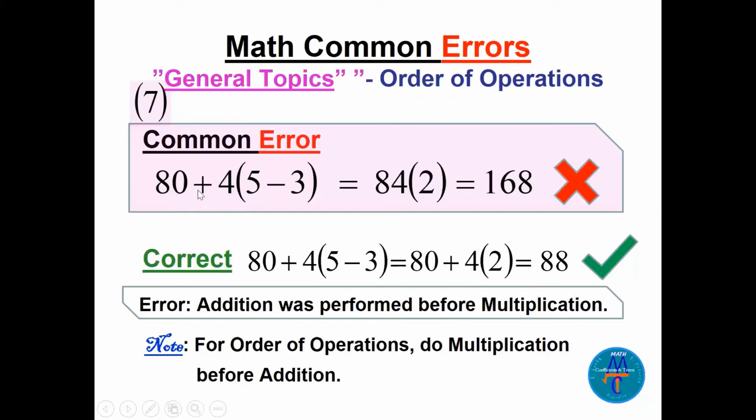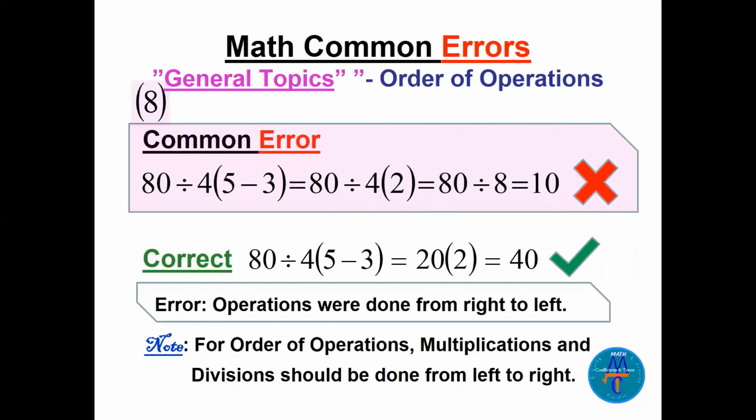Even if we have 80 plus 4, you cannot add because 4 is related to this number 2. Number 2 is coming from 5 minus 3 in the bracket. So you have to multiply first. In the order of operations, you have to multiply, then add.